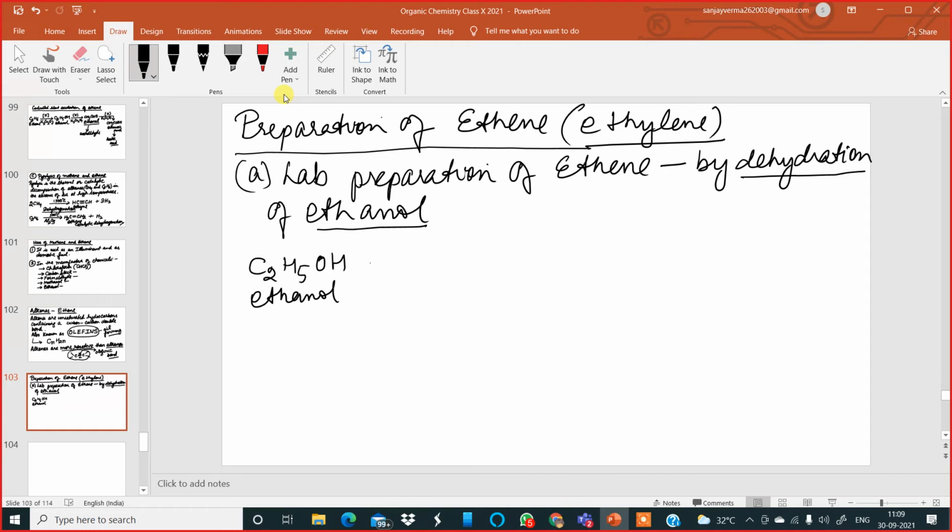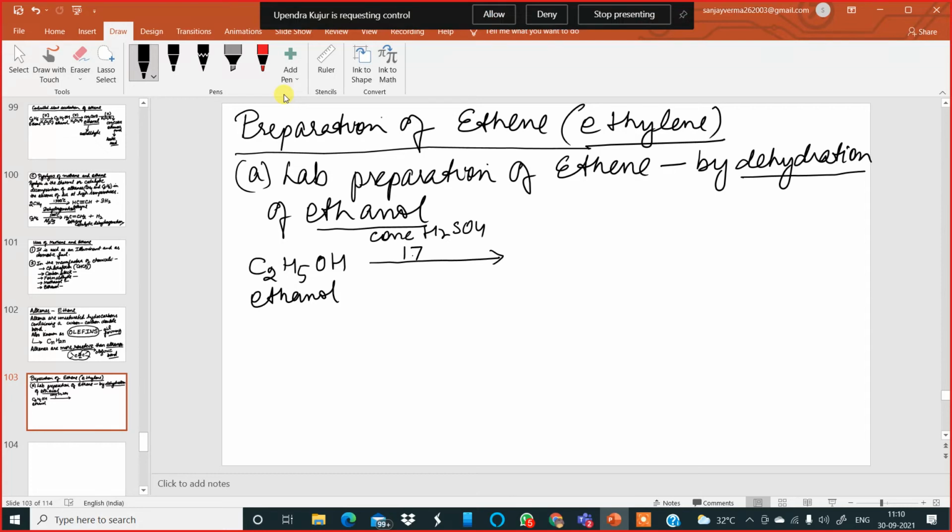When I treat ethanol with concentrated sulfuric acid at a temperature of 170 degrees Celsius, or in the presence of heated alumina, Al2O3, at 350 degrees Celsius, then dehydration of ethanol happens, and it results in the formation of ethene.